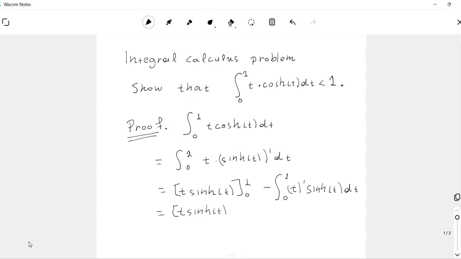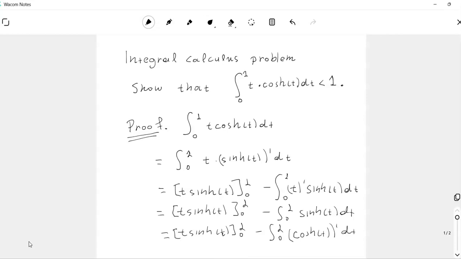I will leave that as it is for a moment. Minus the integral from 0 to 1 of sinh t dt. So this is t sinh t from 0 to 1 minus the integral from 0 to 1 of cosh t prime dt.